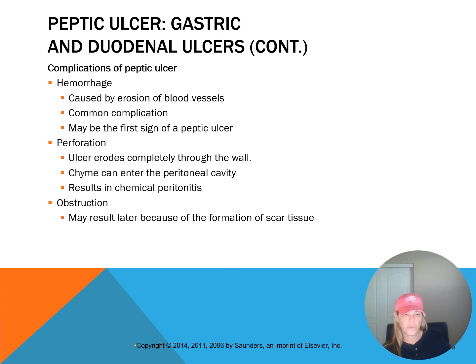Complications of peptic ulcers are hemorrhage and perforation, so they can bleed, or they can actually perforate your stomach and go through the entire gastric wall. Then that chyme will enter the peritoneal cavity, and you can get chemical peritonitis because that chyme has other things in it that will cause inflammation of the peritoneum.